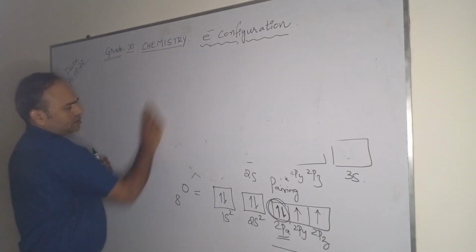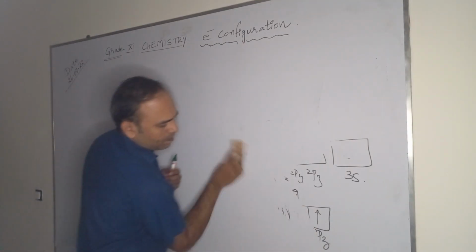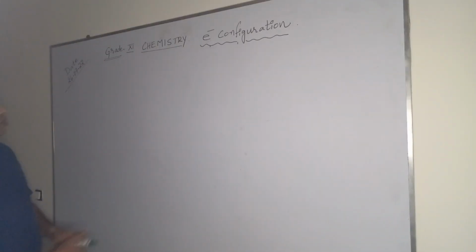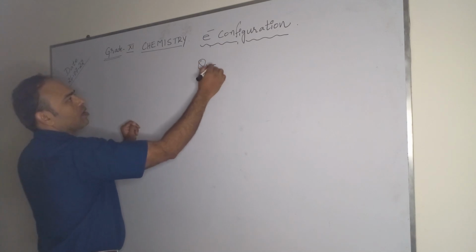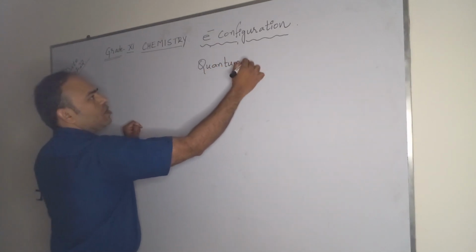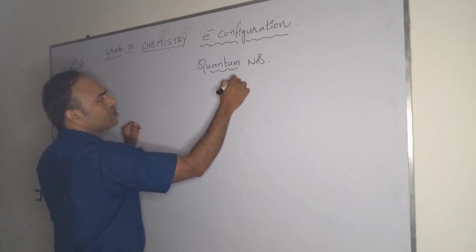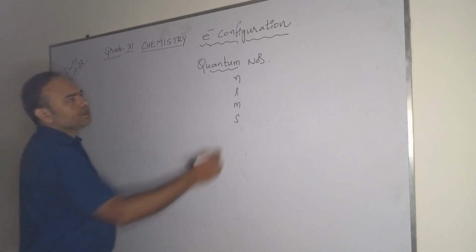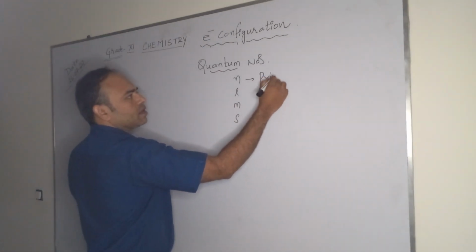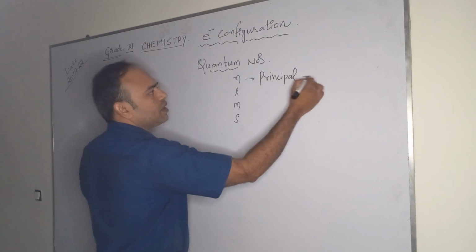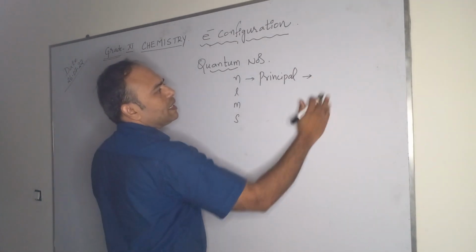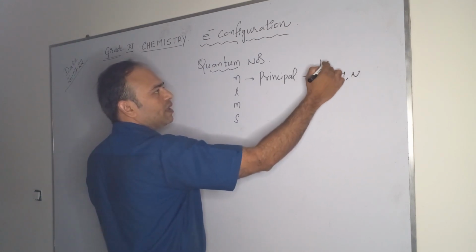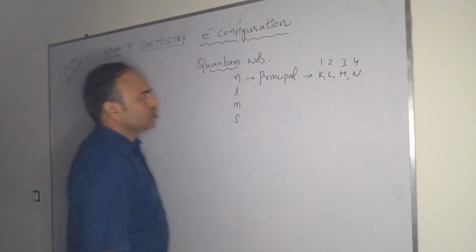Pauli exclusion principle. To understand this, we should have already known about quantum numbers n, l, m, and s. But in a short way, I will tell you that n is the principal quantum number which will indicate the shell, that is K, L, M, N, where n is equal to 1, n is equal to 2, n is equal to 3, n is equal to 4.